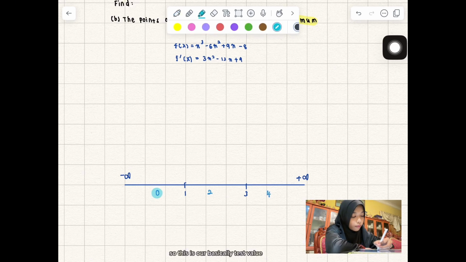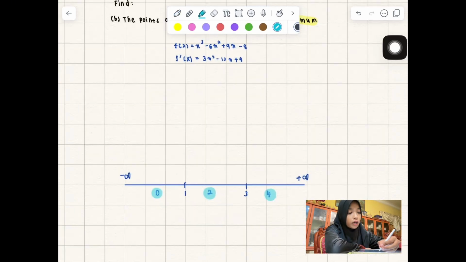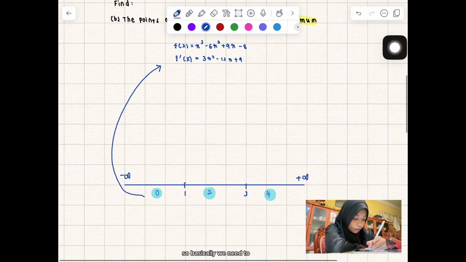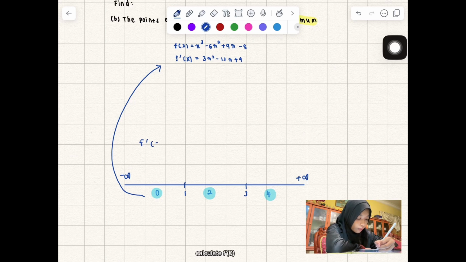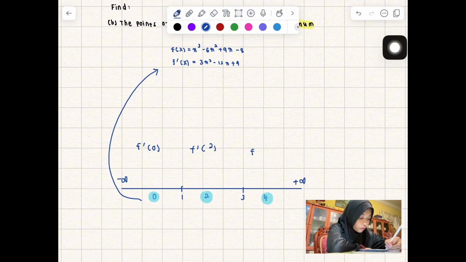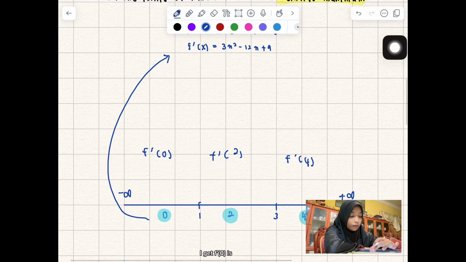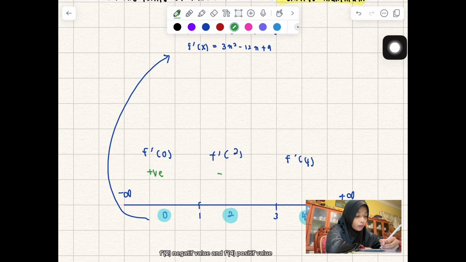After that, we substitute the test values into our derivative, so we need to calculate f'(0), f'(2), and f'(4), and we just need the sign only. After I substitute, f'(0) is a positive value, f'(2) a negative value, and f'(4) a positive value.